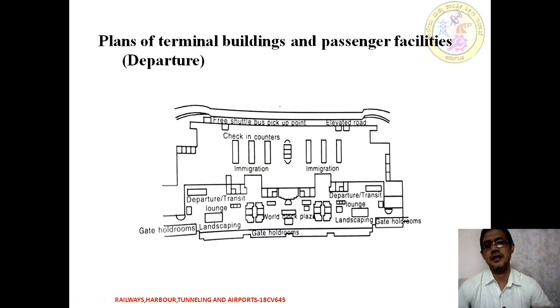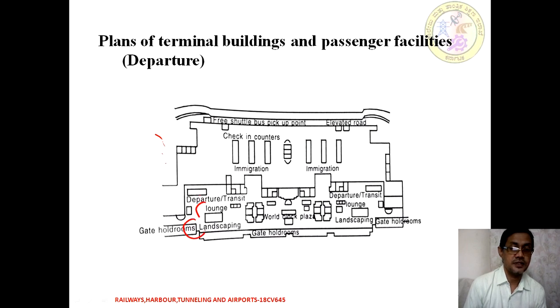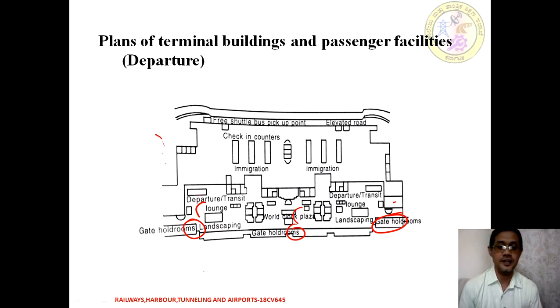Similarly, in the departure case, we have a number of gate openings. Try to see the gate hold rooms provided here. On the 3 sides, these gates are operated depending upon the flow in peak hour traffic. Then we have a landscape and departure transit.